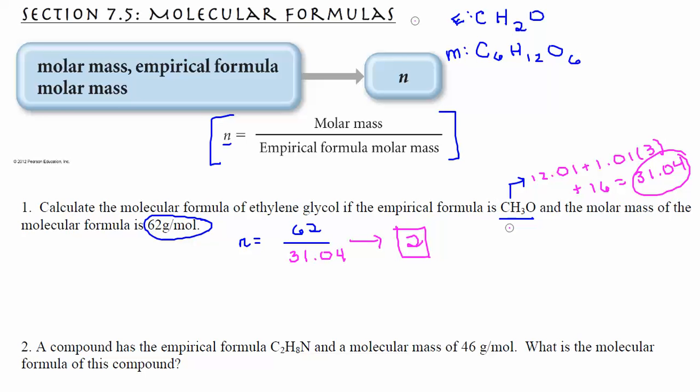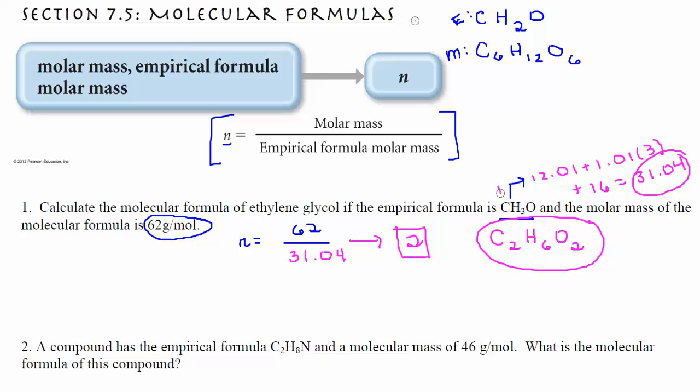Okay. So now all you have to do is take your empirical formula and multiply all the subscripts by that integer. So this would become C2, because there's an implied 1 right there, H6, and then O2. So this is your molecular formula. This is how it exists in the real world.